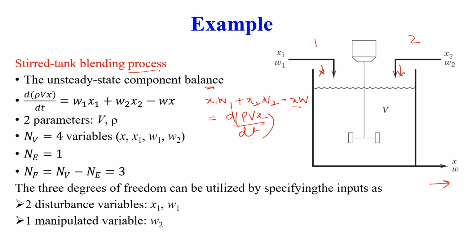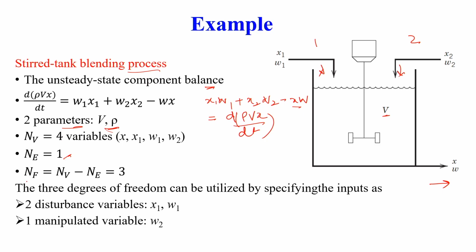Now let us consider degree of freedom analysis for this system. You have two parameters here, that is the volume and density. How many variables do we have? We have x, x1, x2, w1, w2. How many equations do we have? Let us say we have one equation.